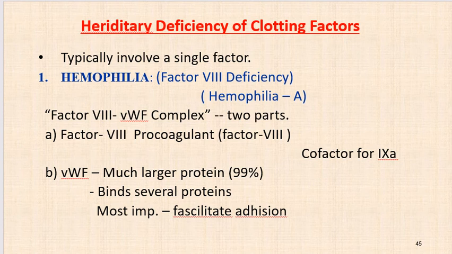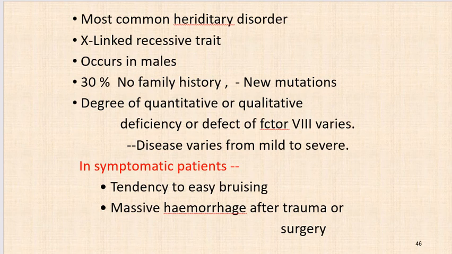So in hemophilia, there is deficiency of factor 8, and the condition in which there is deficiency of factor 8 procoagulant part is called hemophilia A. This is the most common hereditary disorder in this group.